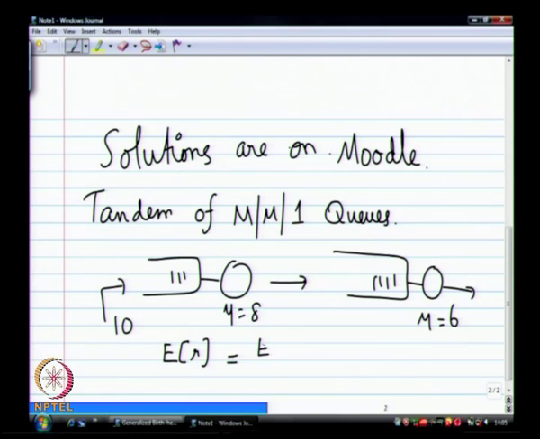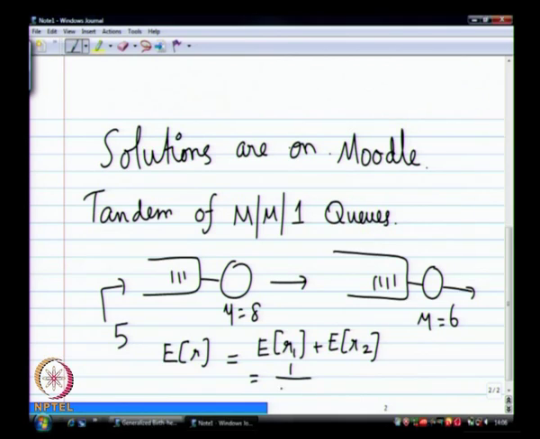How do you compute E of r? E of r is simply the response time in Q1 plus the response time in Q2. Therefore this is simply 1 over, or did I get it the other way around? I shouldn't have had this as 10. Let's make this 5.